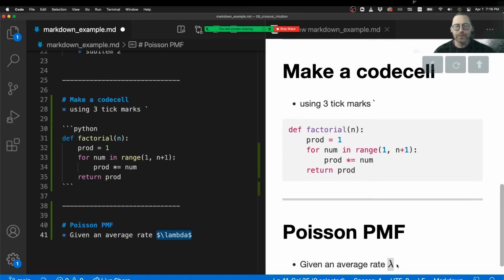Now, something to be aware of: if you do this with documents on GitHub, you'll need a special plugin to have that MathJax render properly in your browser, and I believe I linked that plugin.